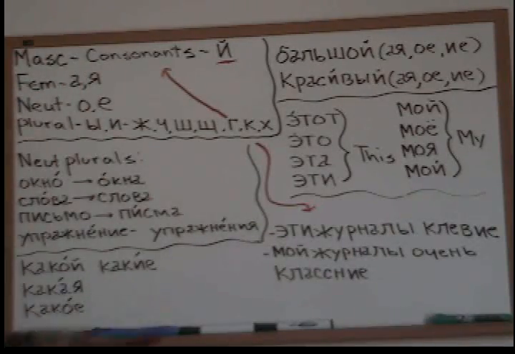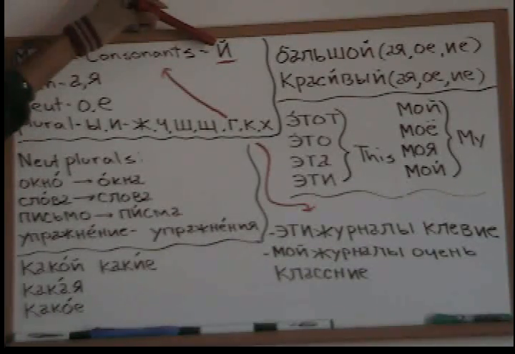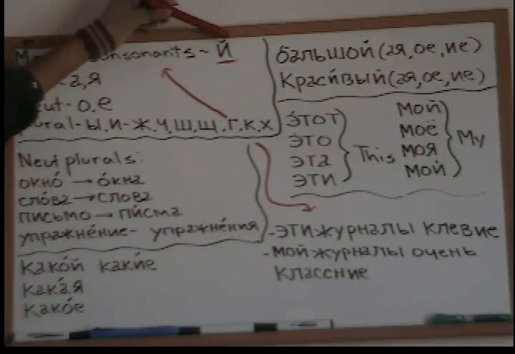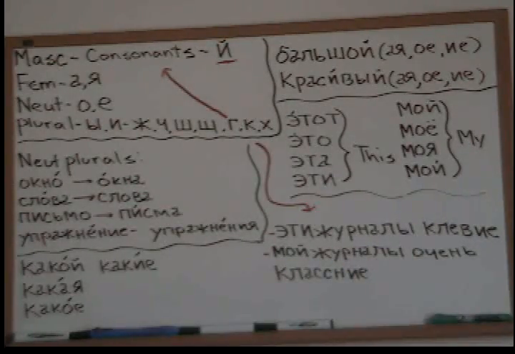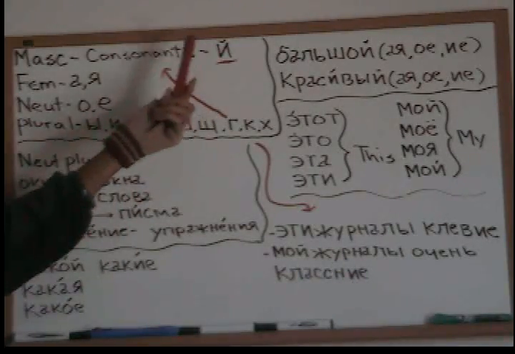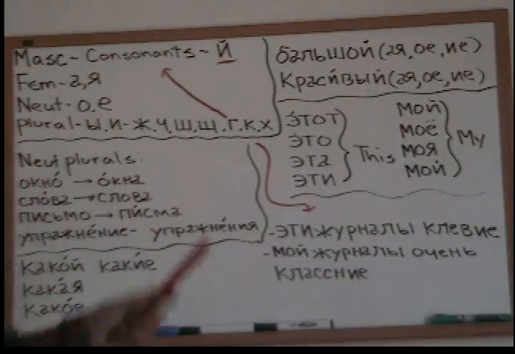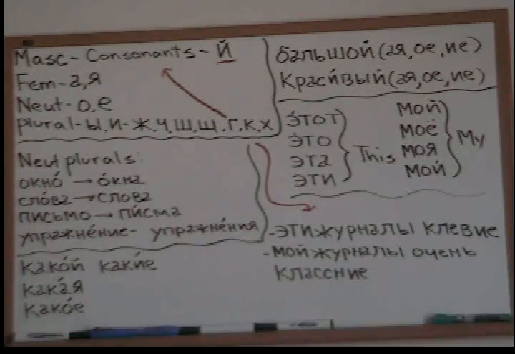All the masculine words will end with a consonant, or with this й, the 'i kratkoye'. This is 'i kratkoye' because it has that mark on top, so that's how you distinguish it from the other и. So if the word ends with a consonant or 'i kratkoye', it will be a masculine word.